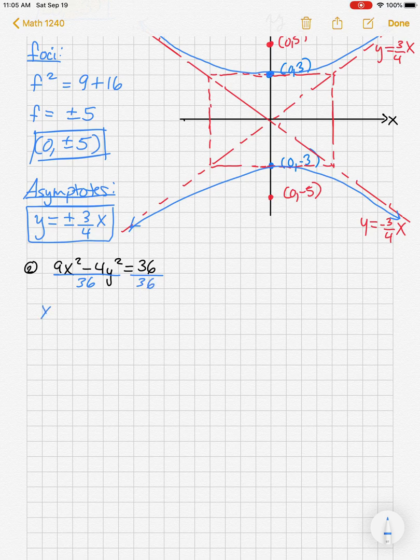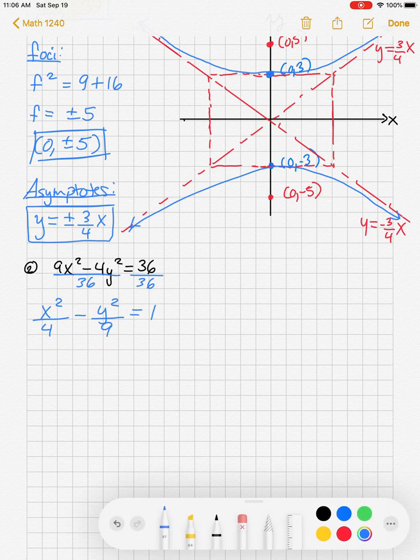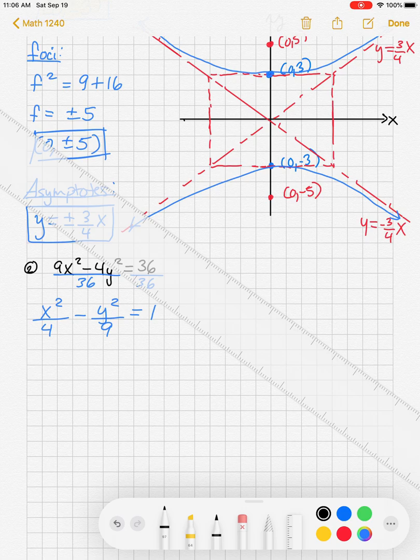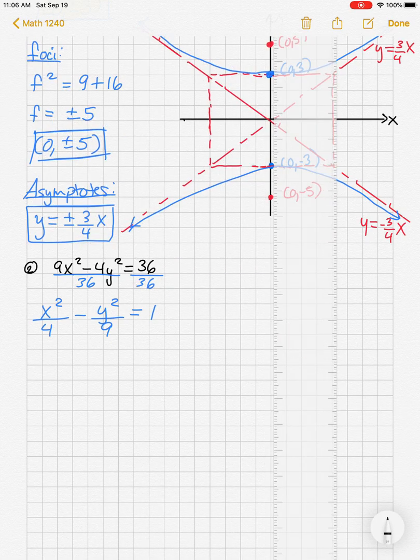So 9 over 36 leaves me a 4 in the bottom. 4 over 36 leaves me a 9 in the bottom. And then I could probably start a sketch even. I can really read a lot of information off here.